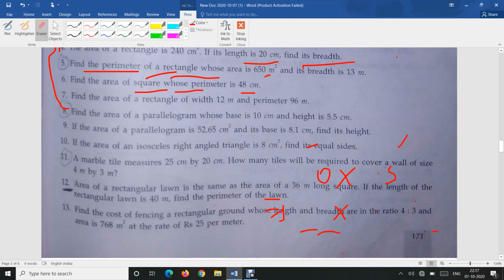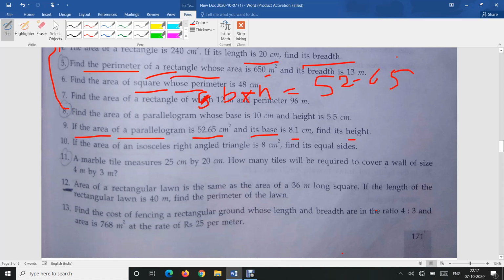Now let us move towards the next question, which is question number 9. You are given that the area of a parallelogram is 52.65 centimeter square and its base is 8.1 centimeter, find its height. You can put base multiplied by height equal to 52.65, because this is the area of parallelogram.